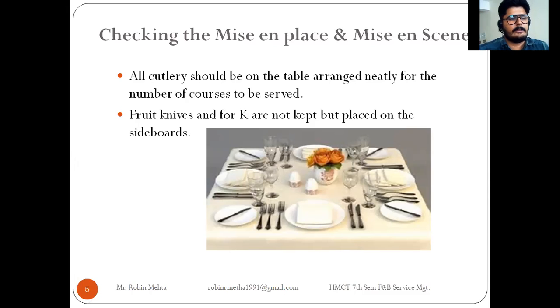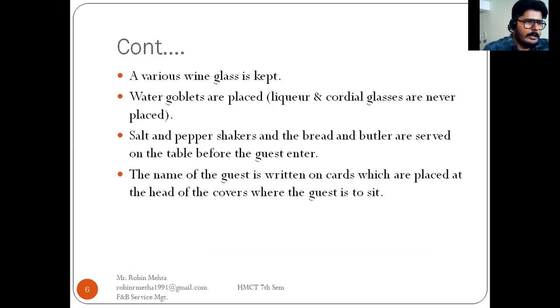Maybe if they are required for any kind of course, they may offer them to you, or you just place them from the sideboard to your table. Various wine glasses are also kept, like whatever wines are served over there, you may keep onto the table. If you don't know about the wines, you may keep your wine glasses on your sideboard.